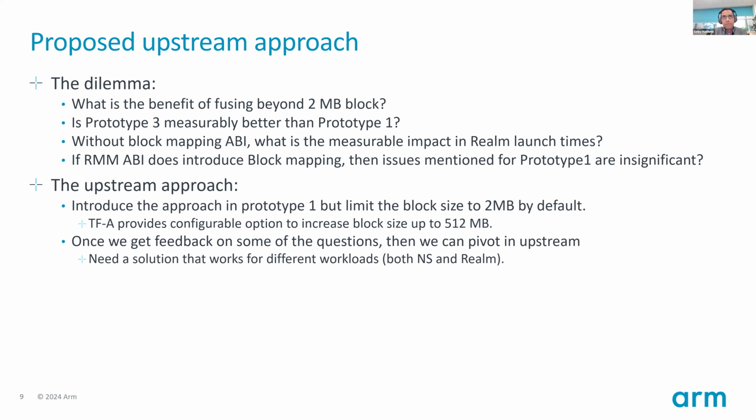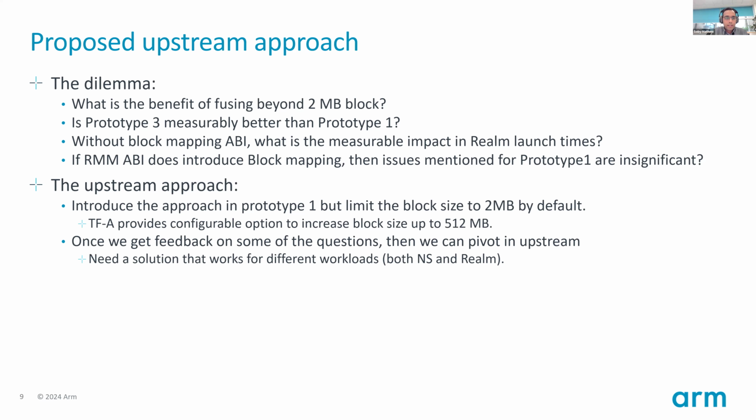So potentially, if there is no benefit or not much benefit in fusing beyond 2 MB, then the argument can be made that EL3 can restrict the fuse to 2 MB, and hence the overheads involved in the brute force approach are palatable, and we just stick with that approach, right? So the current dilemma is we don't know what is the benefit of fusing beyond 2 MB.